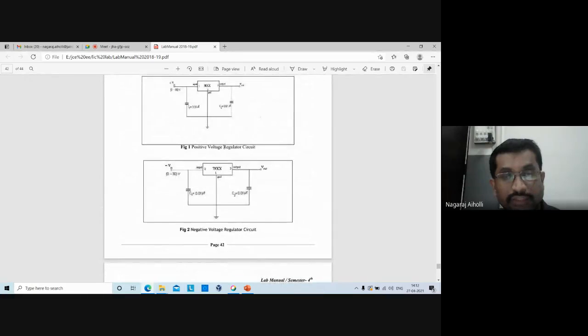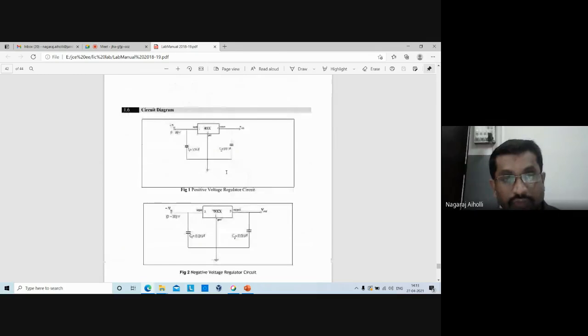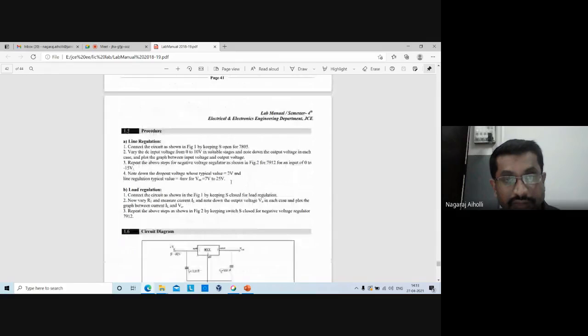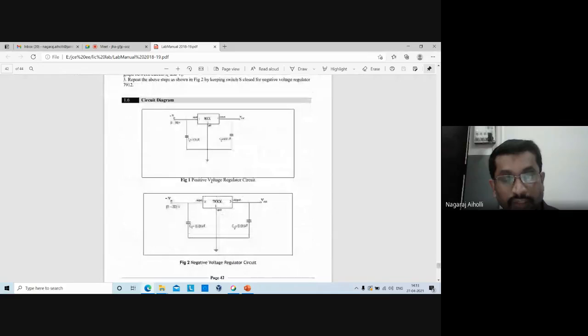Positive voltage regulator means we are applying positive input voltages, and the output is also positive. Negative voltage regulator means the input is negative, and the output is controlled, for example if you are using 7905 or 7912. Based on the negative input voltage applied, the output remains constant at a particular negative value, just like the positive voltage regulators.